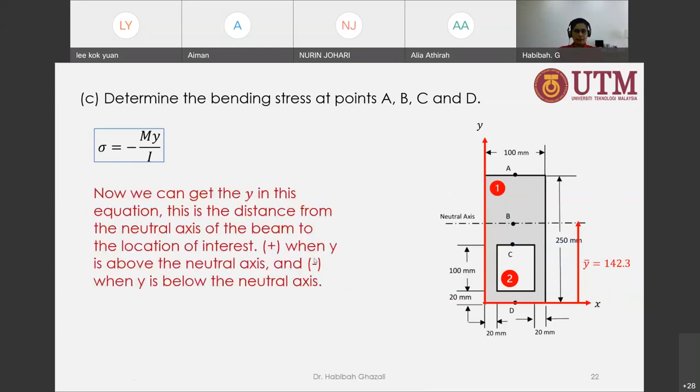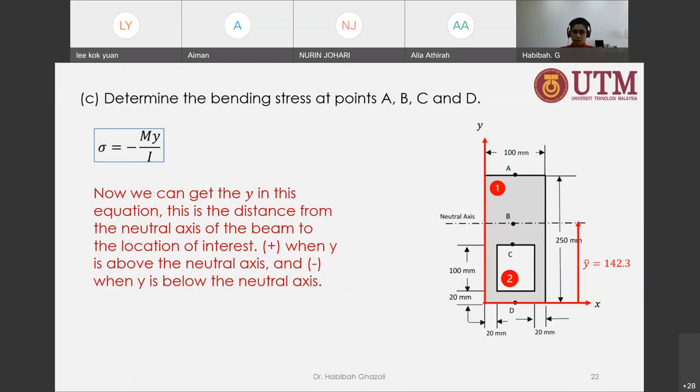So any distance, we can get the Y in this equation, and this distance from the neutral, this is the distance from the neutral axis to the location of interest. For these particular questions, we have X, A, B, C, and D. So that is the location that we are interested in looking what is the bending stress at each of these locations.